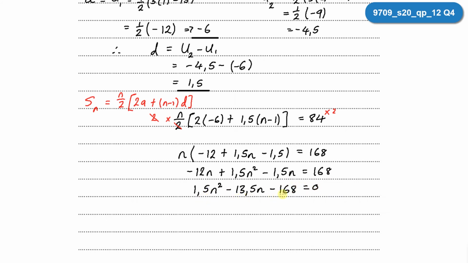So I now have a quadratic equation which can be solved by the quadratic formula or otherwise. If I am going to use the quadratic formula, then a will be 1.5, b will be minus 13.5, and c will be minus 168. For convenience, I want to use my calculator for quick working.